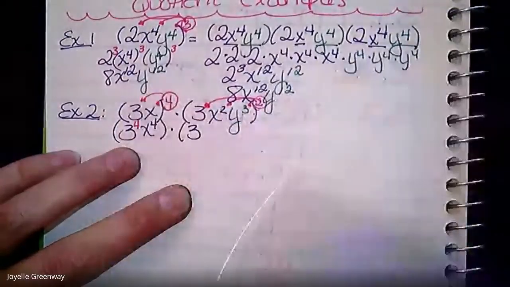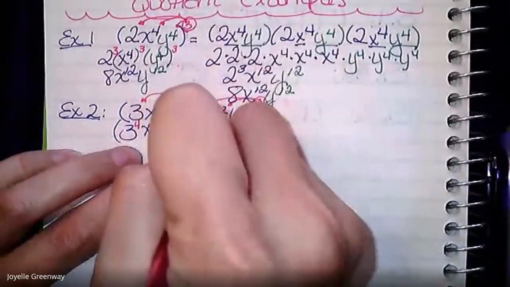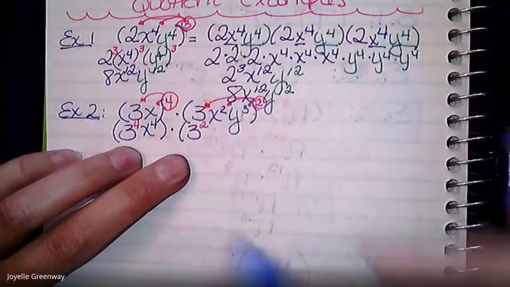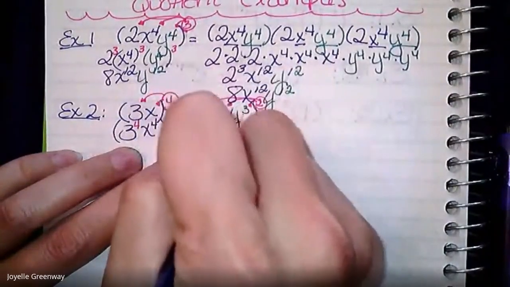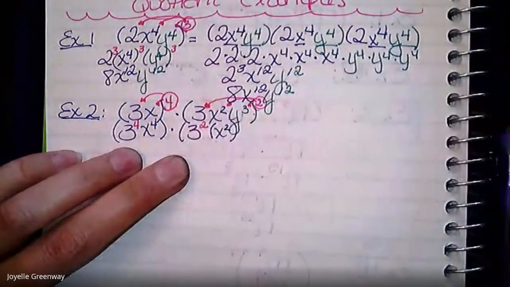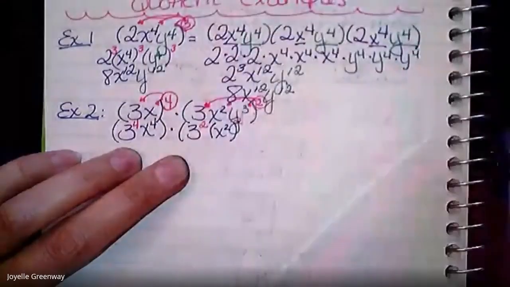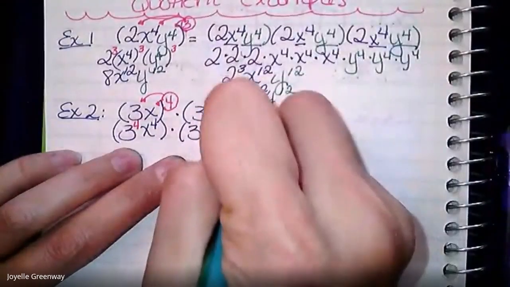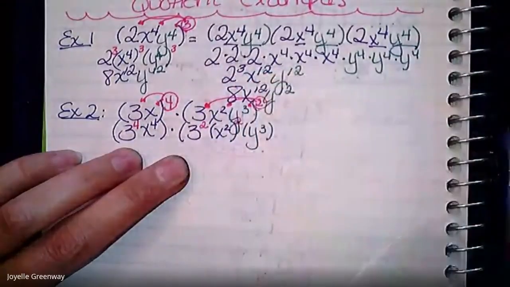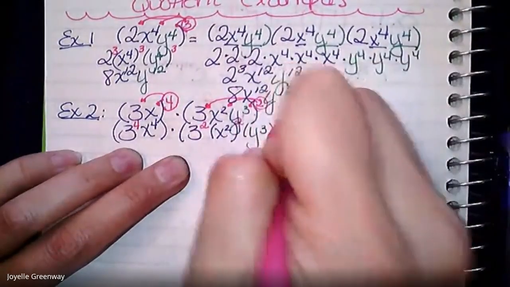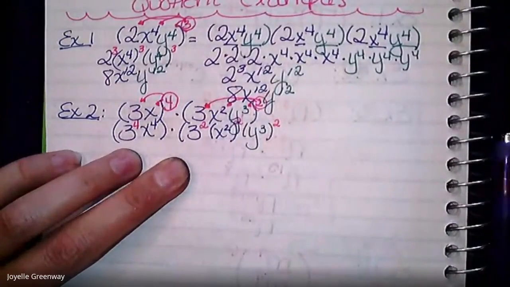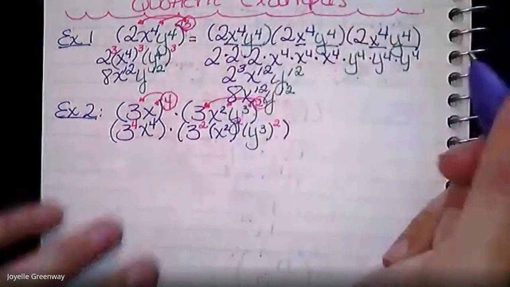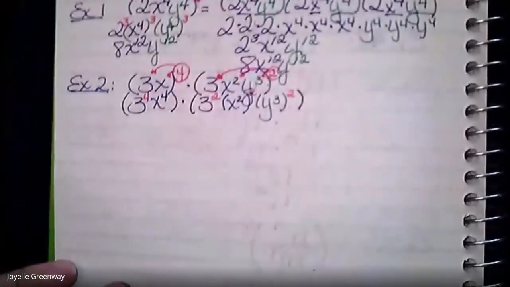So I get 3 squared times x squared squared times y cubed squared.